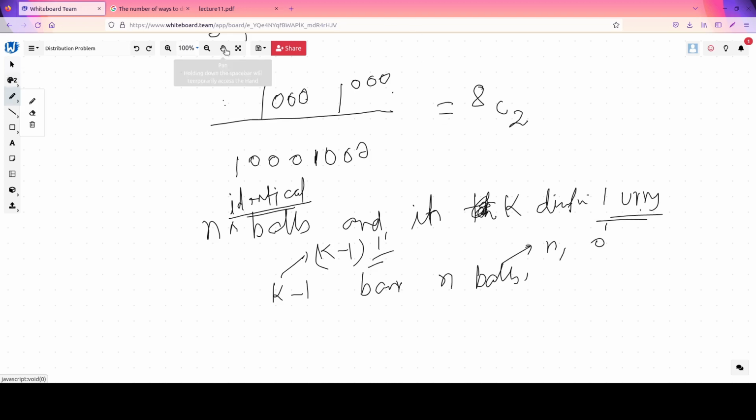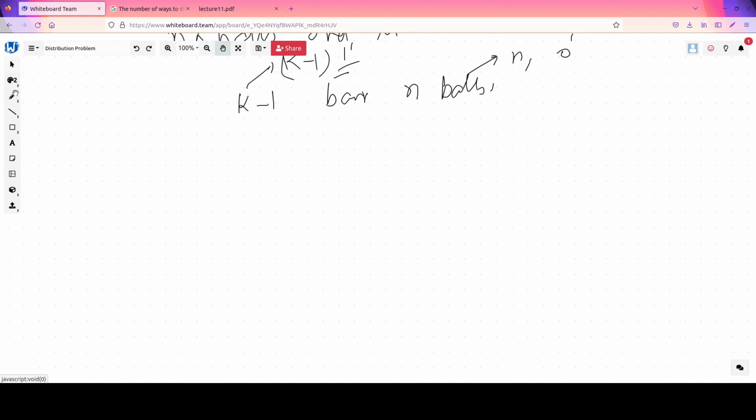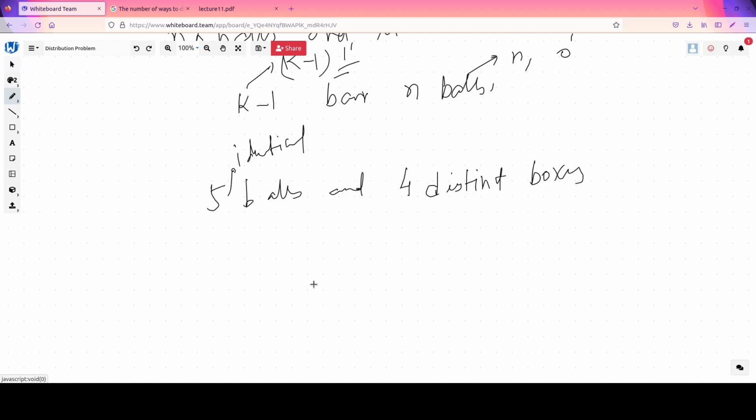So let's take another example to make it clear. Again we have, let's say, 5 identical balls, again sorry to say that, identical, and 4 distinct boxes, or you can say urns, right? So the 4 distinct boxes can be framed by 3 bars here, which is k minus 1, right?